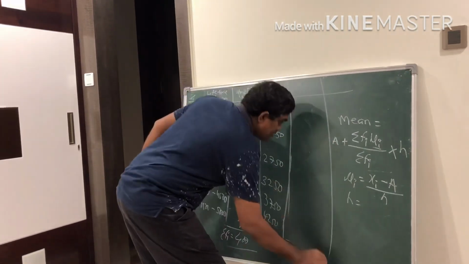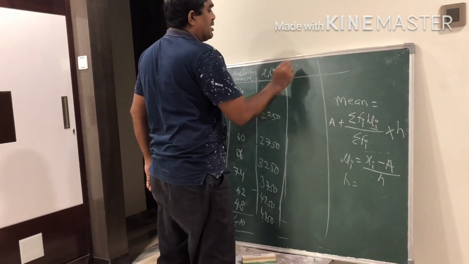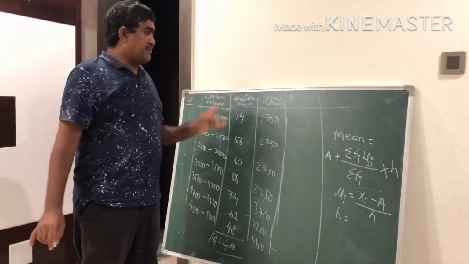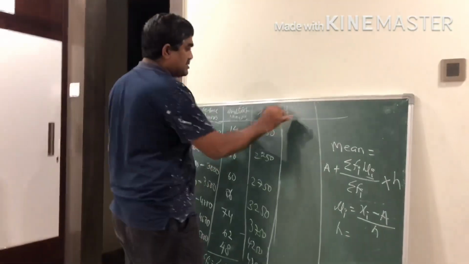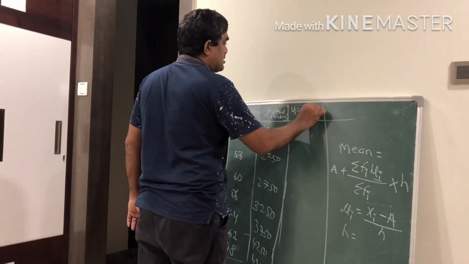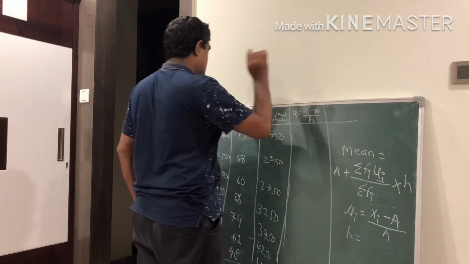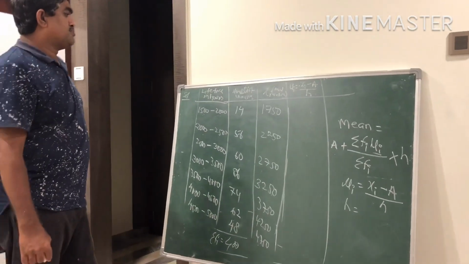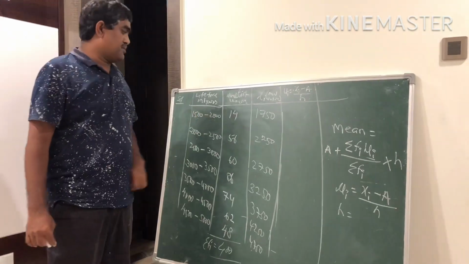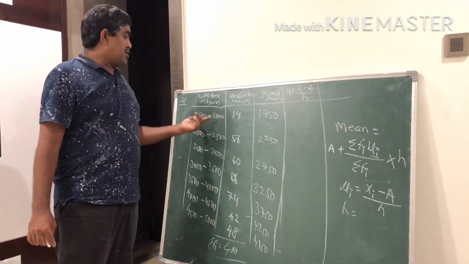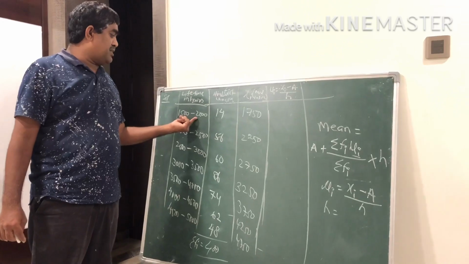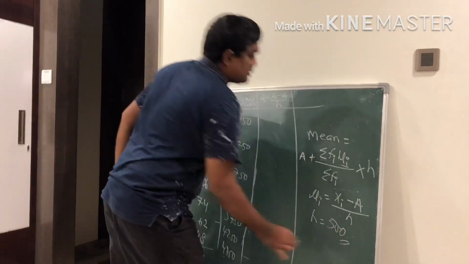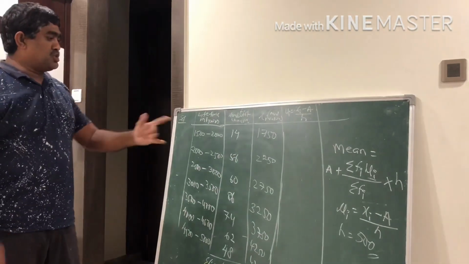Children, in the general method it was fi xi directly, but in the deviation method we have to calculate mu i. H is the length of the class. You know what the length of the class is. What is the difference here? 500. That is h. Understood? H you got it.